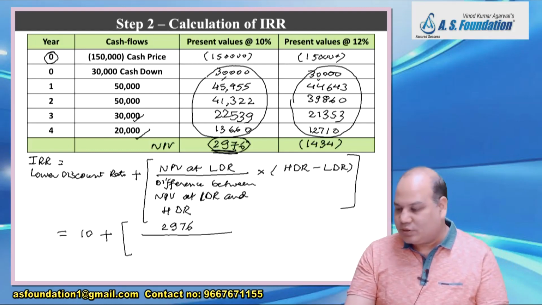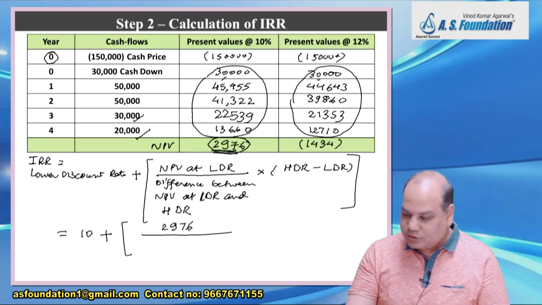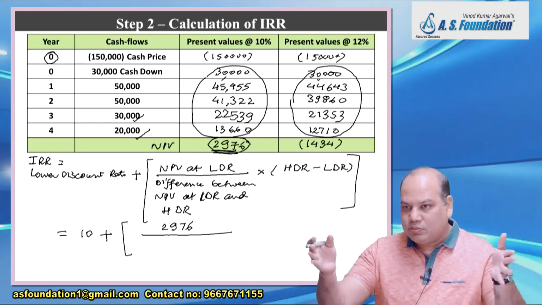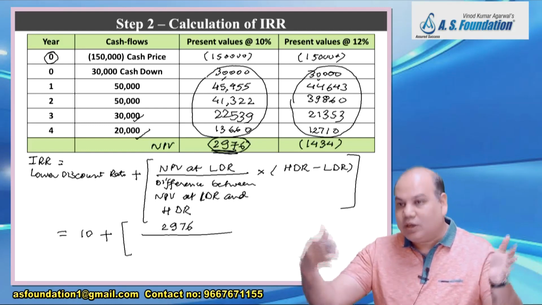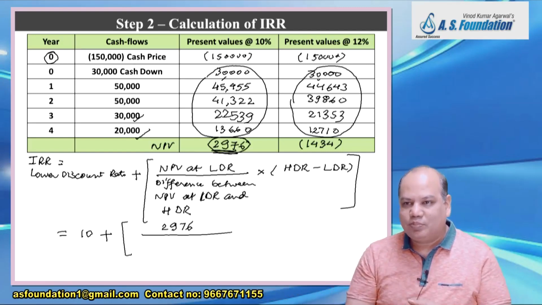I got two answers. Somebody said 1500 something, somebody said 4000 something. Which numbers should I write? When I am asking you difference, it means 2976 minus 1434. Minus will become plus.